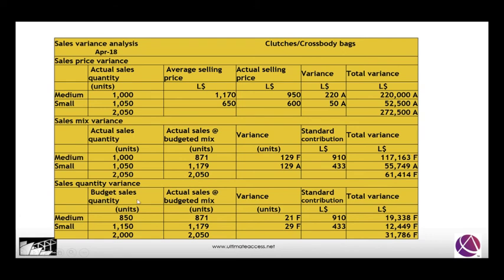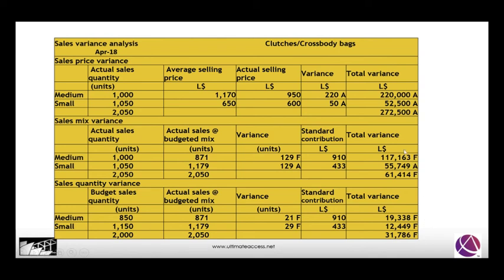Here the sales quantity, we are 50,000 above, no we're not, we're 50 units above the budget, and here we can see that obviously our quantity is higher, and that this has been predominantly with the small, but also pretty strong in terms of the medium as well. And adding that up, that's given us a nearly 32,000 favourable variance.